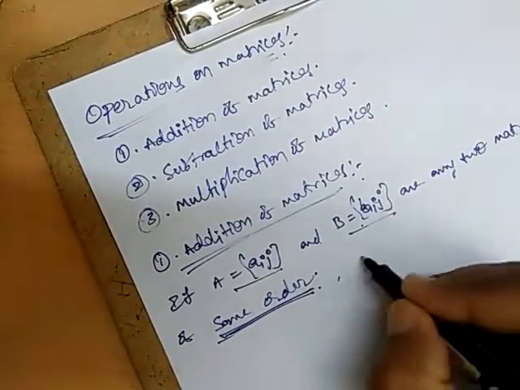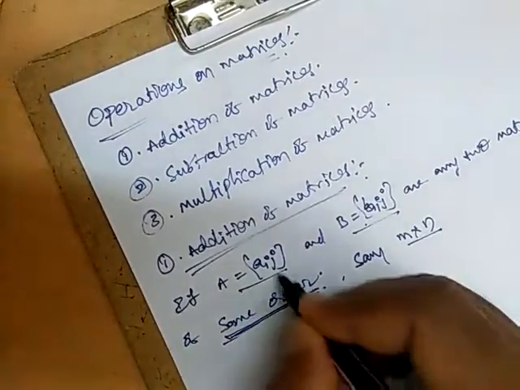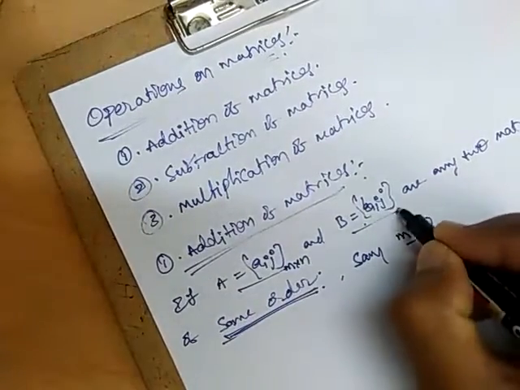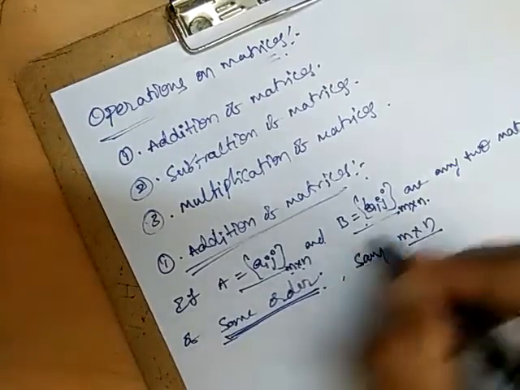Say the same order is m by n. This matrix has m by n order and this matrix has m by n order. Suppose I am assuming this is 2 by 3 or 2 by 3.